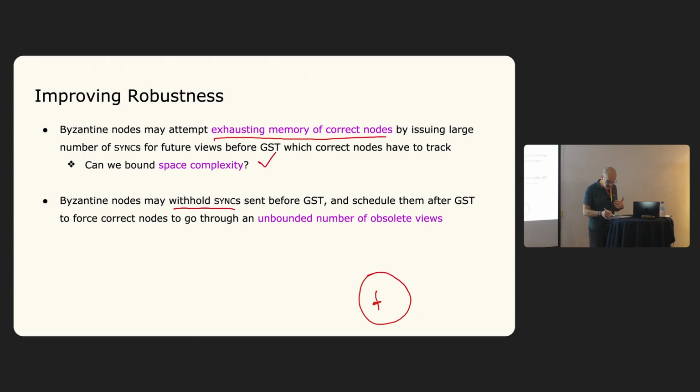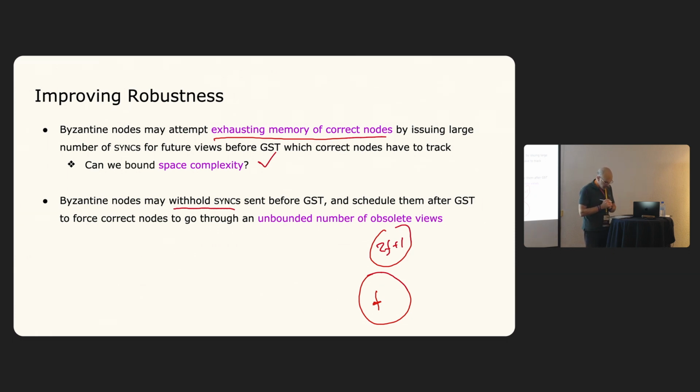And then we have the rest of the processes, which include Byzantine processes, which hold back the older views that they entered before. After GST, they can just start showing these views one by one, essentially causing everyone to enter lots and lots of obsolete views.